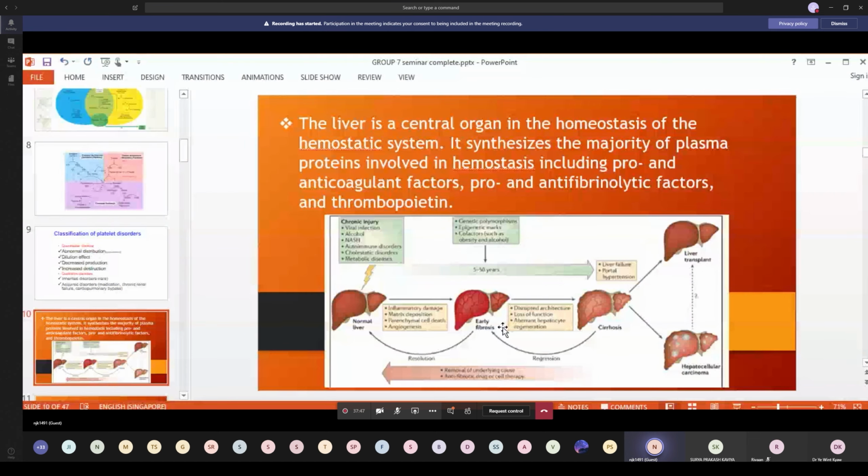If you can cure it, you can come back. If not, you go further. At the terminal stage, you either do a liver transplant or you get carcinoma, which is cancer.